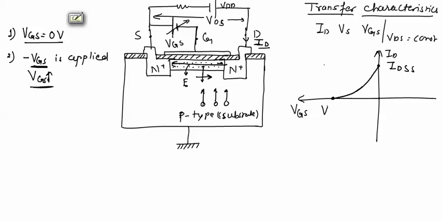This voltage at which drain current ID reduces to 0 is called VGS cutoff or pinch off voltage, VP. So these are the transfer characteristics of depletion type MOSFET. Like JFET, these transfer characteristics have maximum current at VGS equal to 0 volt and minimum current at VGS equal to VGS cutoff.